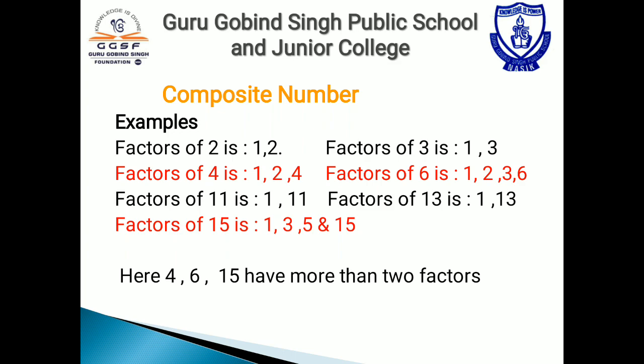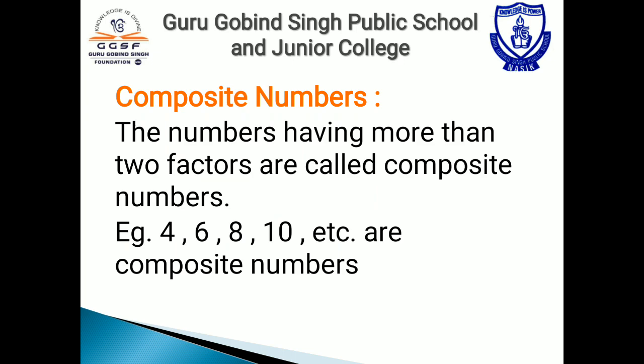So the numbers which have more than two factors are composite numbers. We define it: the numbers having more than two factors are called composite numbers. For example, 4, 6, 8, 10 are composite numbers.